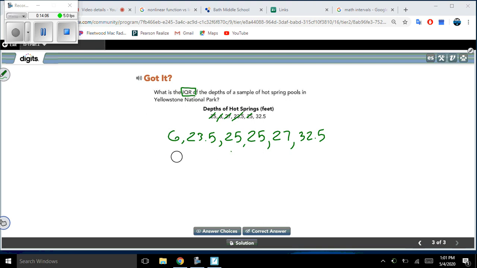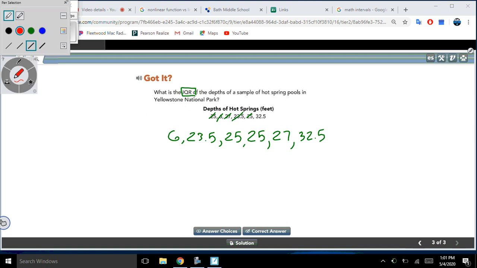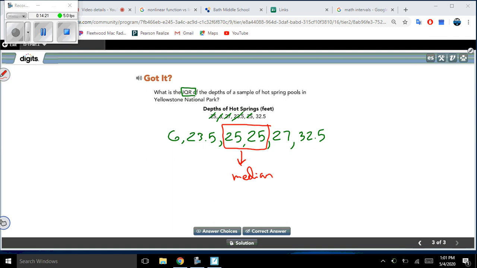Okay? So that means we have 2 middles. If we have 2 middles, we're going to try to identify those, and it's pretty obvious here. These are my 2 middles. So that means that my median would be 25. That's also known as the second quartile. Okay?